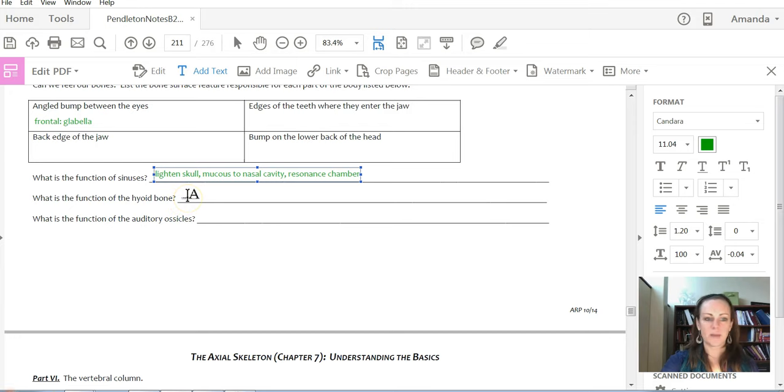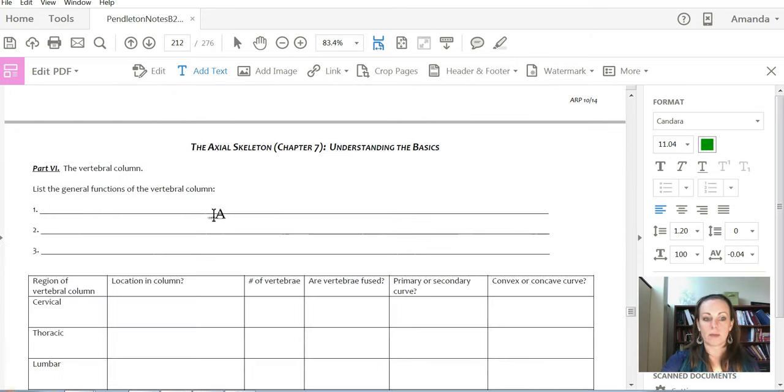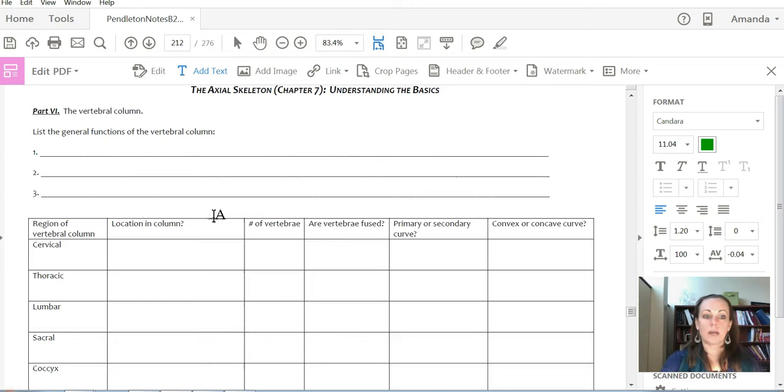Okay, we already talked about the function of the hyoid bone, about the function of the auditory ossicles, so look through that part earlier. Okay, so the vertebral column. So some different functions, and again, this is straight from your book. Okay, it is going to bear the weight of the head, the neck, and the trunk, and transfer that weight to the lower limbs.